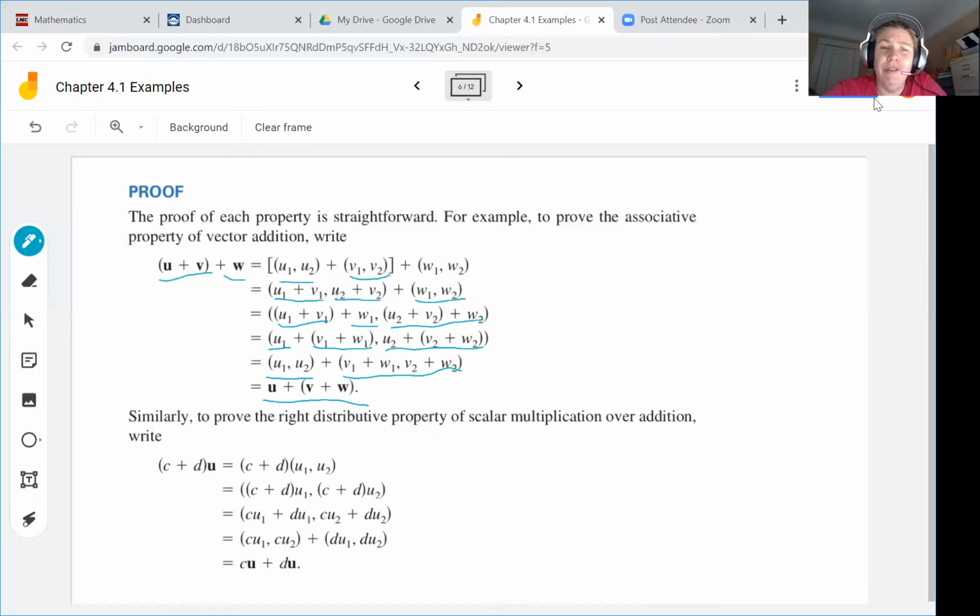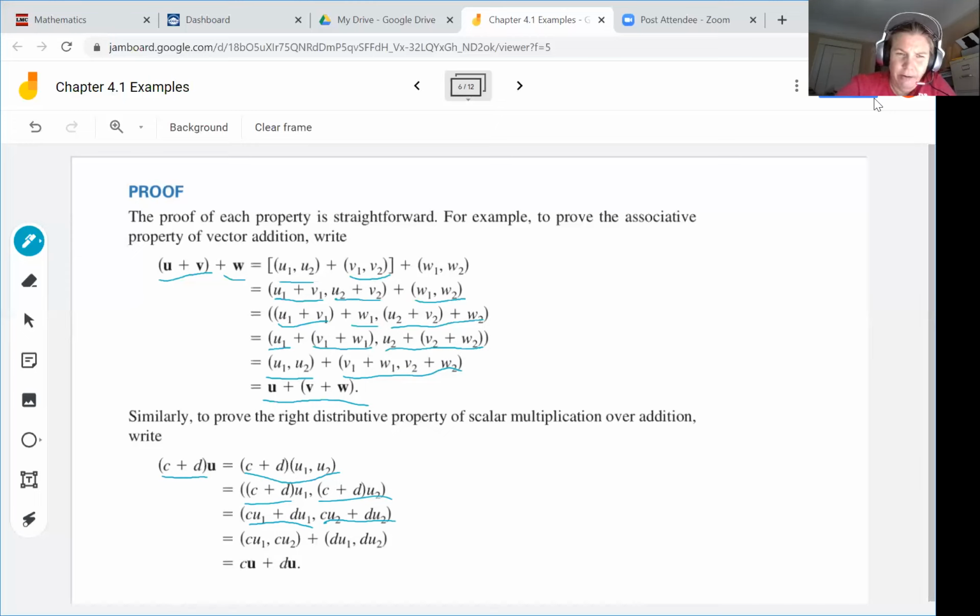So to prove the right distributive property of scalar multiplication over addition, we start with c plus d scalars multiplied by vector u, and then we're going to take c plus d and multiply those by each component of vector u, u1 and u2. Then we know we can multiply c times u1 plus d times u1 and c times u2 plus d times u2 by scalar distribution here.